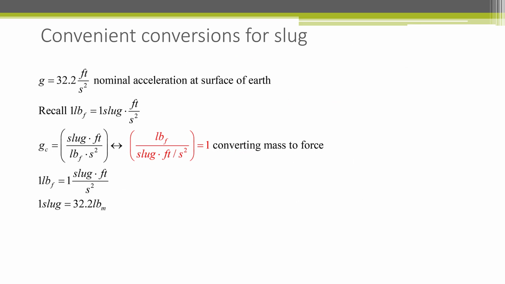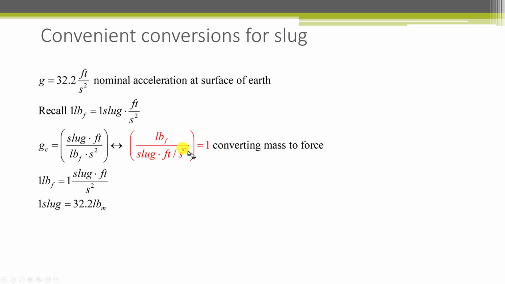I'll just quickly run through the slug, although it's kind of an obsolete system. It actually makes more sense than the USCS. g is the acceleration on Earth. Remember that a pound force has to be a mass unit times feet per second squared. Well, if you choose a slug as the mass unit, then g sub c is slug feet per pound force second squared.